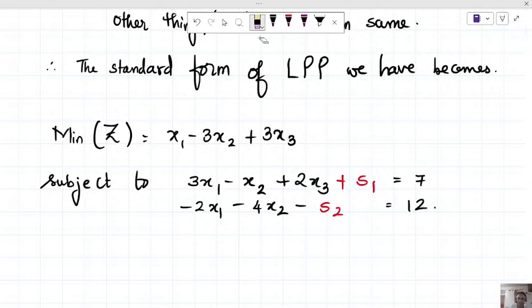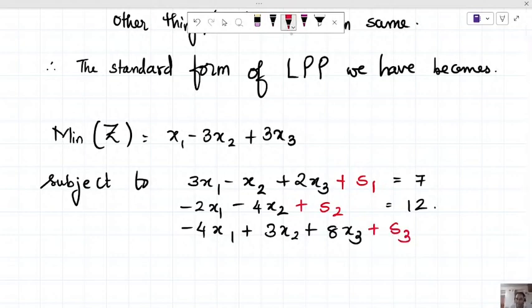I'll put here plus sign just for understanding purpose. And now here minus of 4x1 plus 3x2 plus 8x3 plus s3, that is equal to 10. Okay, this is what we have.